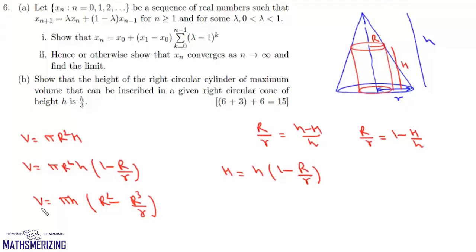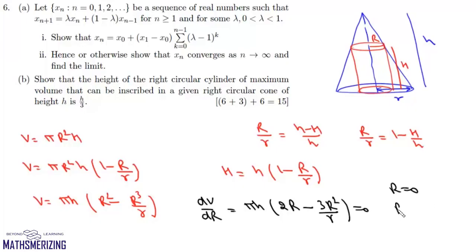Now if we differentiate this with respect to R, we'll get dV upon dR, and it will be equal to pi h (2R minus 3R square upon small r), and if we put it equal to 0, we'll get either R equals 0 or R equals 2r by 3.